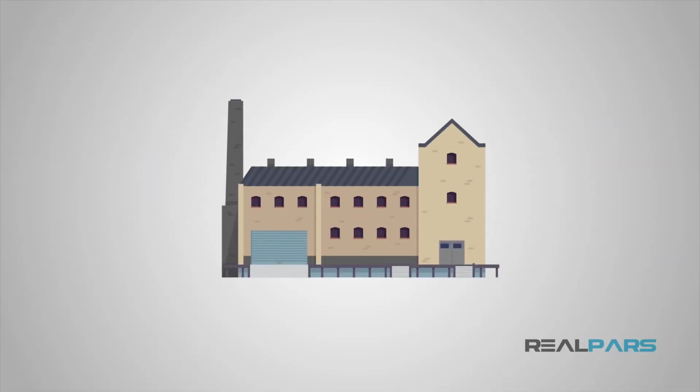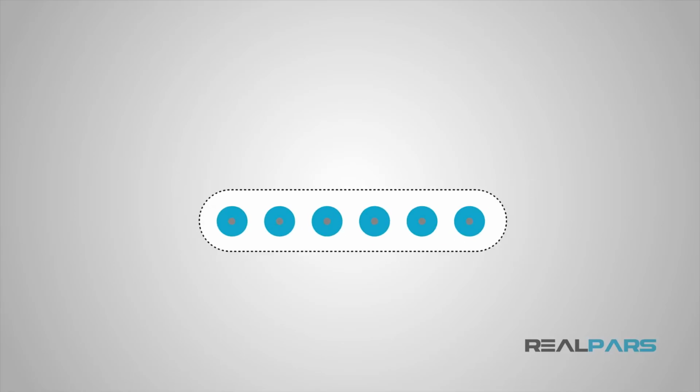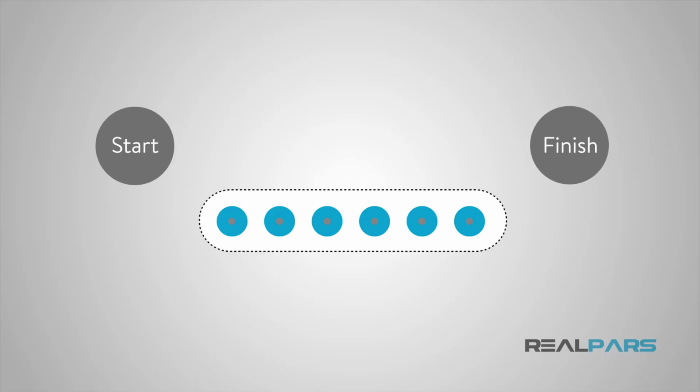Now, let's bring the same concept into a factory, the manual versus automatic concept. When we're going to manufacture a product, there's always a start line and a finish line. The start line is where the raw materials enter into the factory, and the finish line is where the final product is manufactured and ready to be shipped.